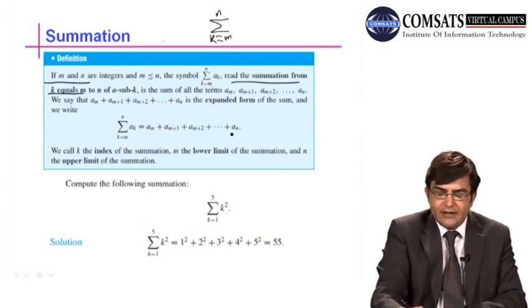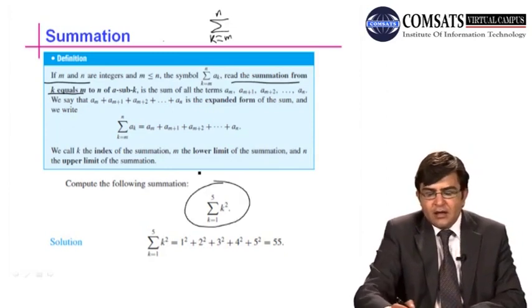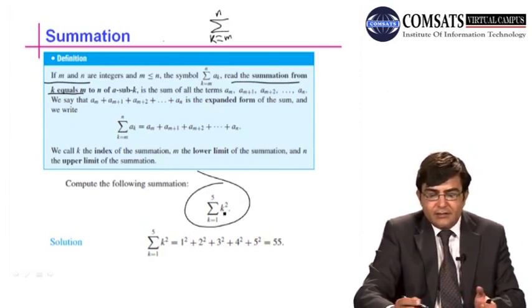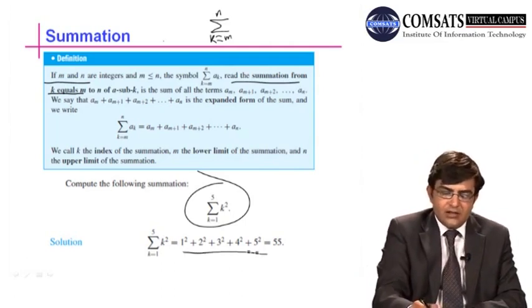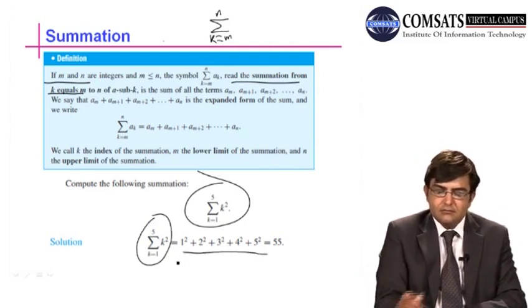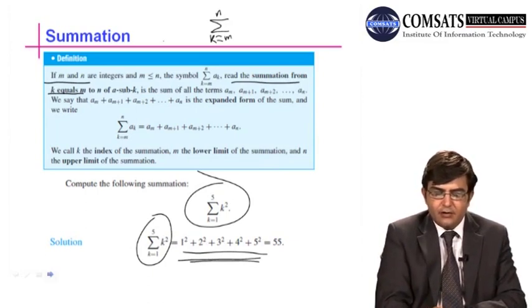For example, if we have the summation of k from 1 to 5 of k square, it means we put k is equal to 1 here, plus k is equal to 2 here, plus k is equal to 3 here, plus k is equal to 4, plus k is equal to 5. It means summation k from 1 to 5 of k square.